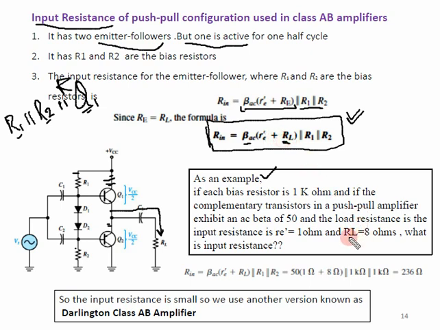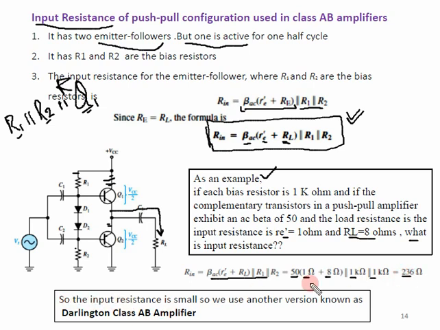The load resistance is 8 ohms, and r_e prime is equal to 1 ohm. So what is the input resistance? You put the values in this equation: 50 for beta, r_e prime is 1, load is 8, and the parallel combination of R1 and R2. It comes out to be 236 ohms.